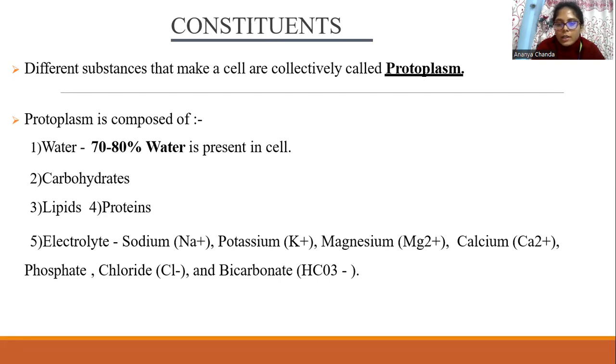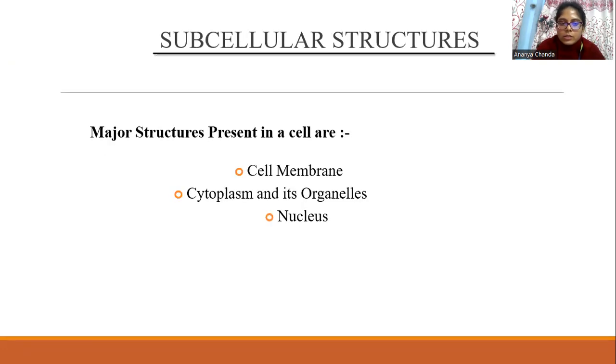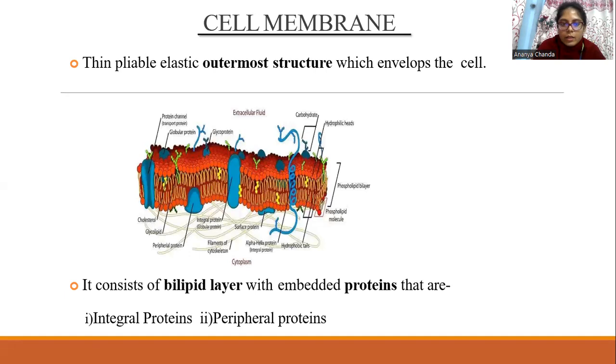Then the carbohydrates, lipids, proteins, and electrolytes, that is sodium, potassium, magnesium, calcium, phosphate, chloride, and bicarbonate. So, what are the structures present in the cell? It is mainly constituted of three parts: the cell membrane, the cytoplasm and its organelles, and the nucleus.